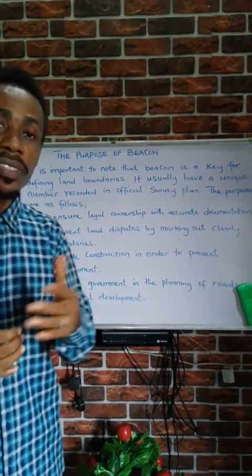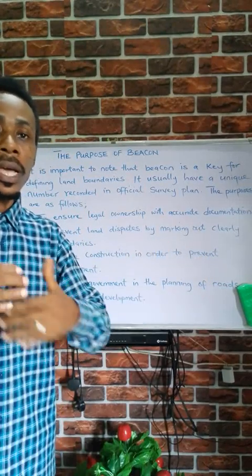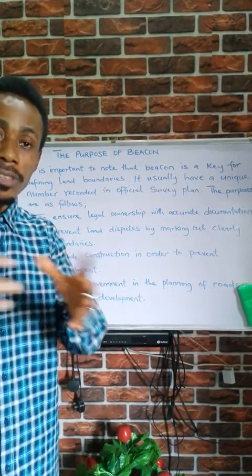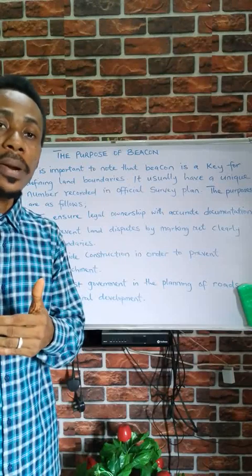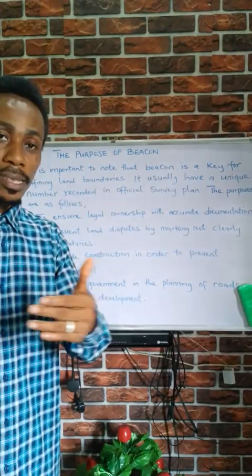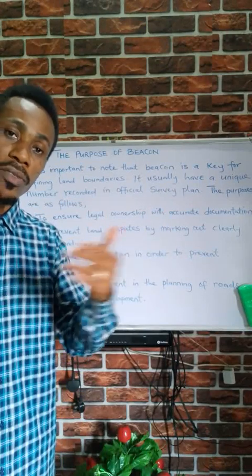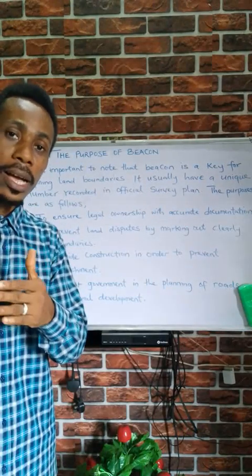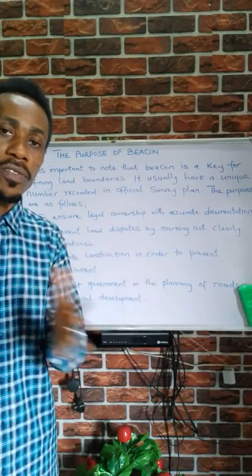So in the case of a dispute between your plot and the other plot, your survey plan can help settle that dispute. Once you bring your survey plan, and the other person close to you who is having a dispute with you brings his own survey plan, there will be a kind of cross check to analyze both survey plans.